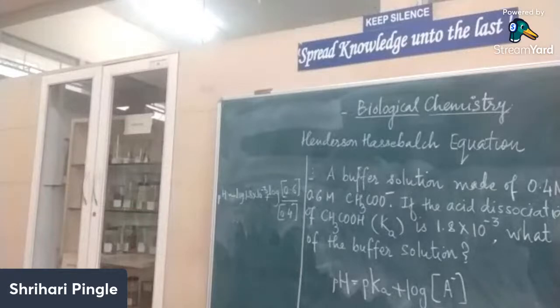So simple is 0.4 divided by 0.6 is 1.5. 0.6 divided by 0.4 is 1.5. So you take log of 1.5, that is 0.17.